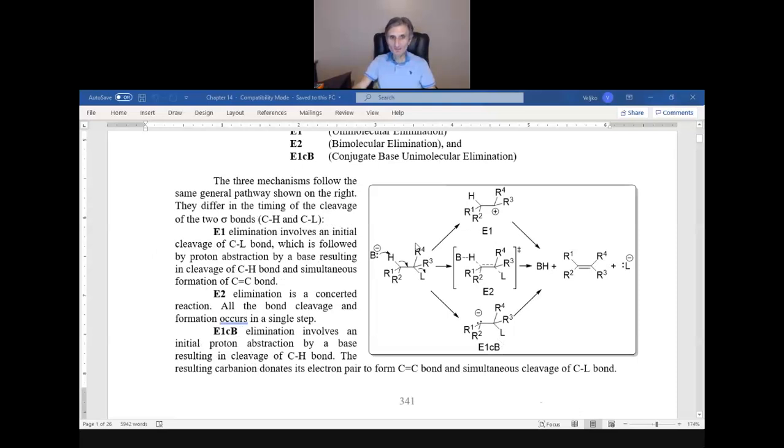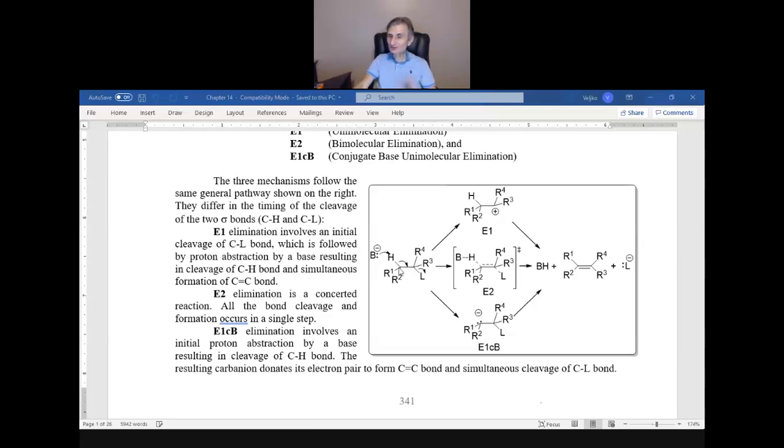And so here are the three mechanisms. E1 elimination is unimolecular elimination. And just like the SN1 reaction, the initial step is breaking of the carbon-leaving group bond. So the carbon-leaving group bond is broken to give an intermediate carbocation. And then the carbocation loses a neighboring proton to give an alkene or pi bond.